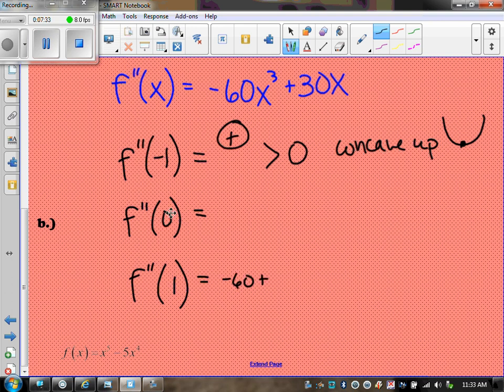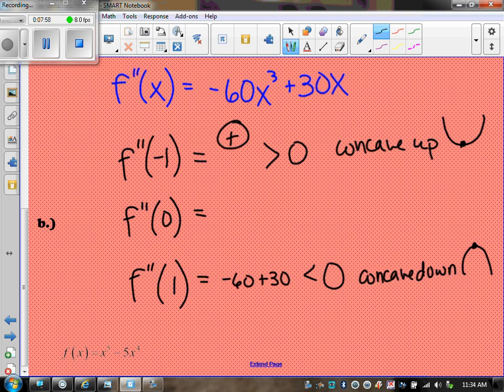Plus 30 is positive. -60 plus 30 is negative, right? So my second derivative is less than 0. It's negative. What does that mean is happening on my graph at x equals +1? Doesn't it mean my graph is concave down there? Which means it looks like that? So that point here, x equals 1, happens to be a relative maximum.